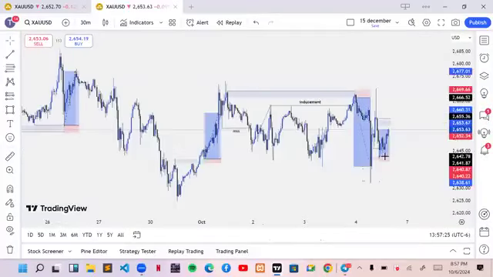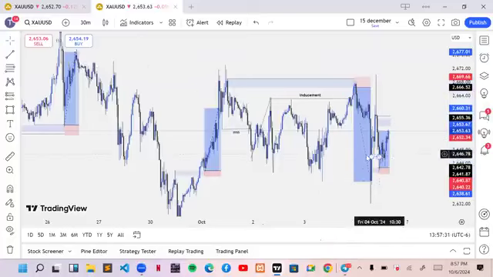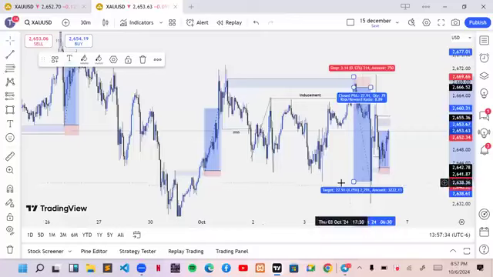In this gold trade, for example, if you're risking $100, you would have made around $800. No, sorry, mistake. If you're risking $100, you would have made around $800. If you're risking $200, you would have made around $1,600. High risk to reward ratio, precise entries. That is the beautiful thing about this particular strategy.